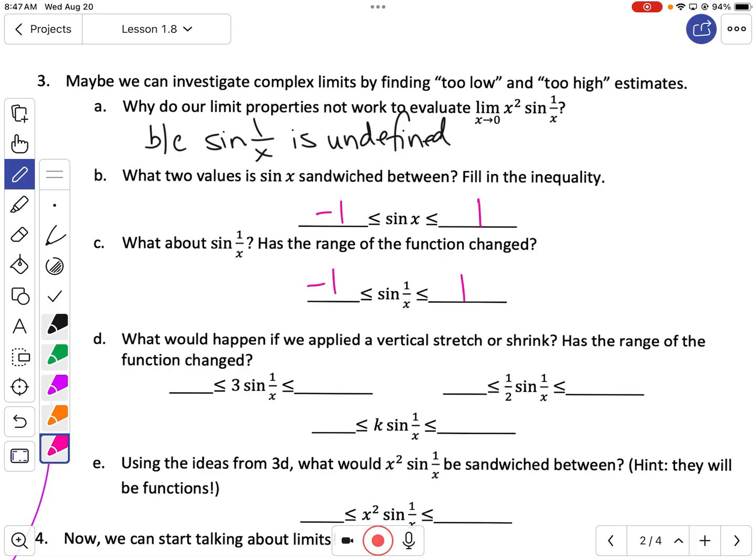So let's apply a transformation. They put a 3 in the front, so an amplitude change. If we looked at our calculator, what does 3 sine of 1 over x rotate between? -3 and 3. What about 1/2 sine of 1 over x?